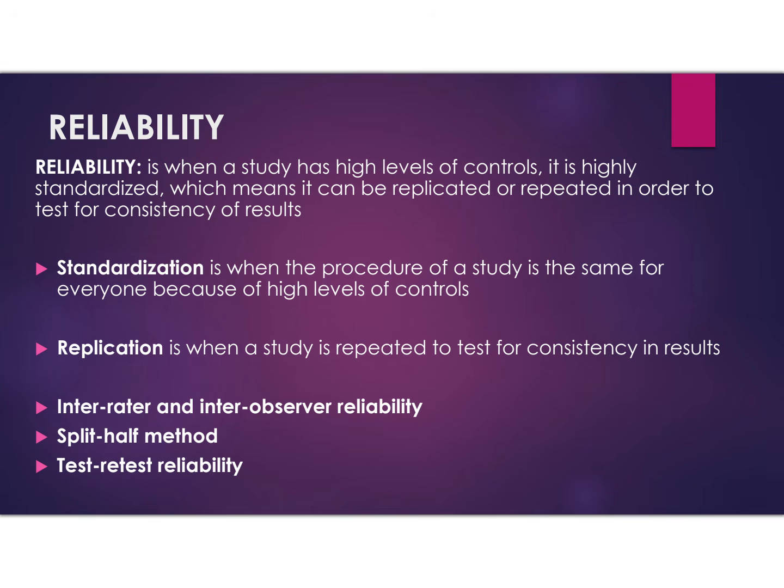Whereas for reliability, we are implementing controls to make sure that the procedure is standardized for everyone so that we can replicate it or repeat it in future in order to test for consistency of results. So if you want to talk about reliability, we use controls in the context of replication and standardization. But if you want to use controls for validity, we use controls in the context of eliminating confounding variables.